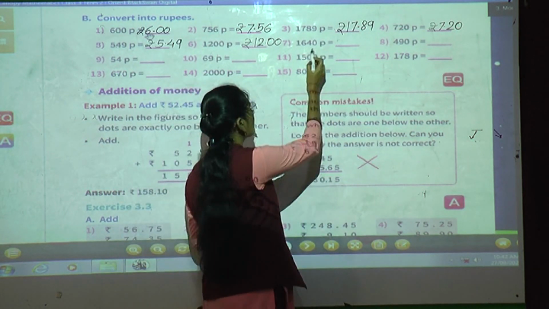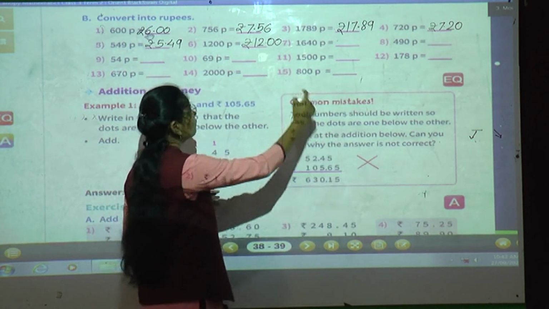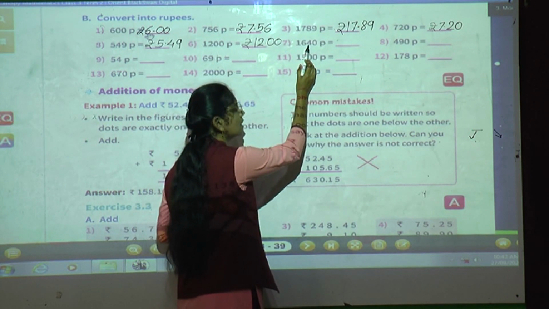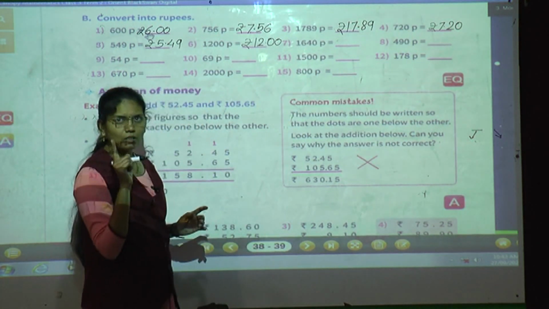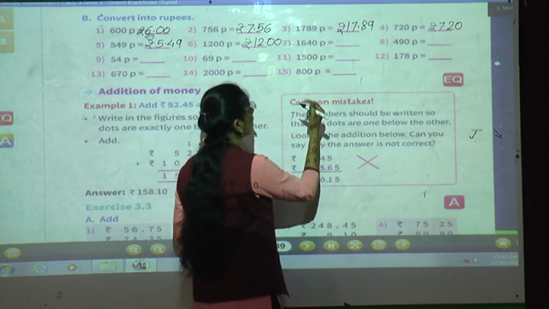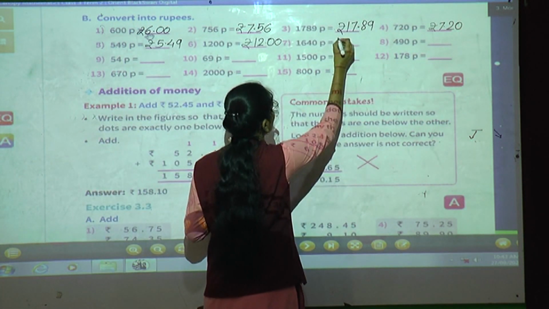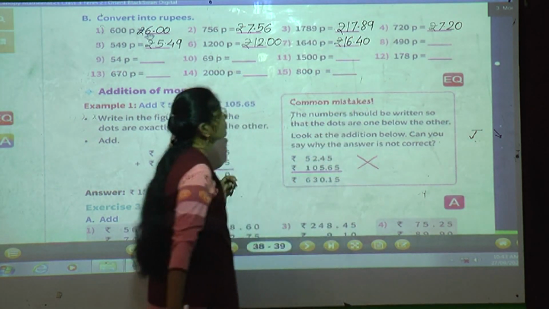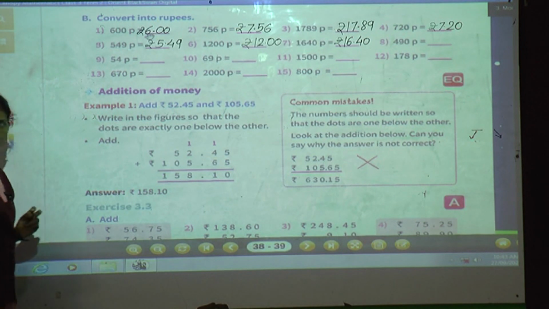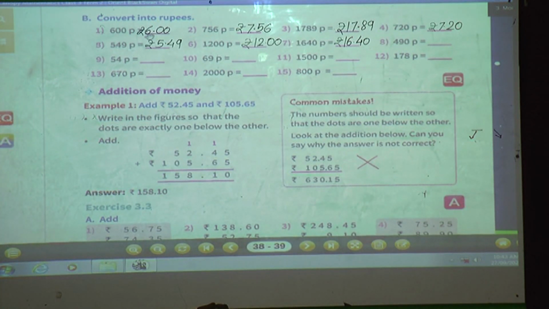See this number, from the right side, which one is the second digit? Yes, 4 is the second digit. So before 4 we have to give a dot. Then it will be converted into rupees. So rupees 16.40. 1640 paise is equal to what? Rupees 16.40.